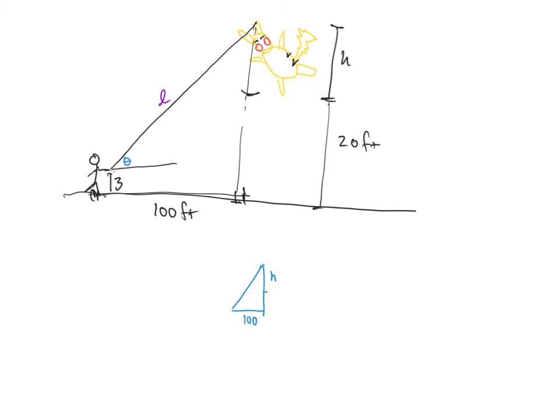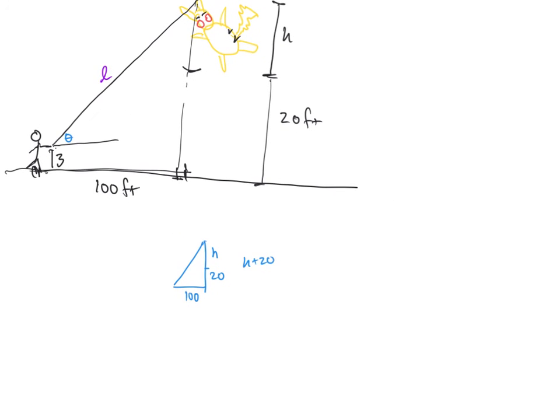So this side is H plus 20. I just got to use the Pythagorean theorem. So 100 squared plus (H plus 20) squared must equal L squared. I can multiply all that out to try to find my L.